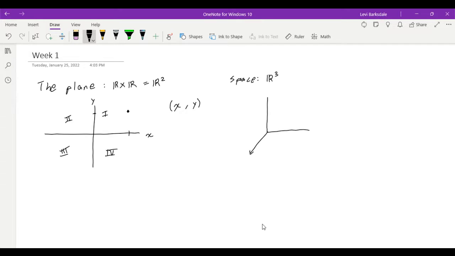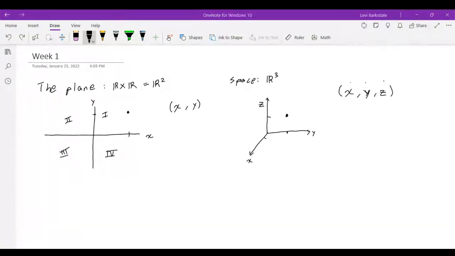We have the same x-axis and y-axis, but now we also have a z-axis. So we're going to have an x-coordinate, a y-coordinate, and a z-coordinate. So our coordinates take the form x, y, z. And again, you'll notice we have 3 separate coordinates corresponding to the 3 dimensions of our space.